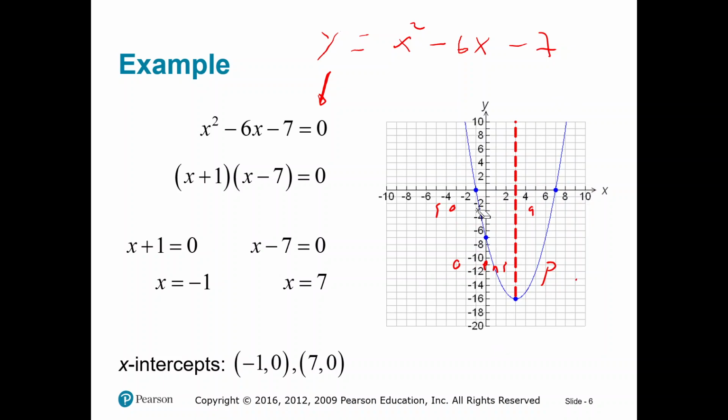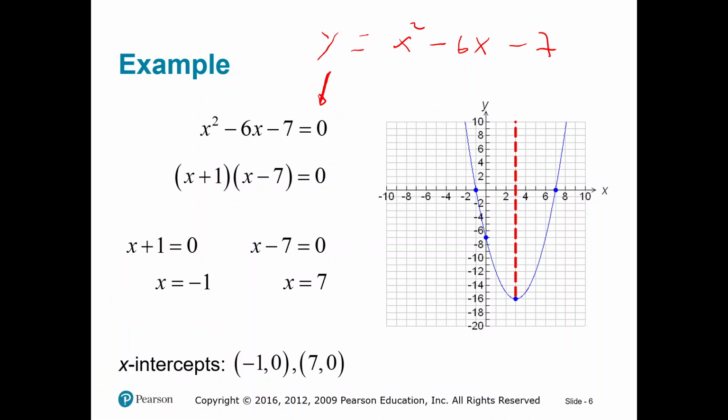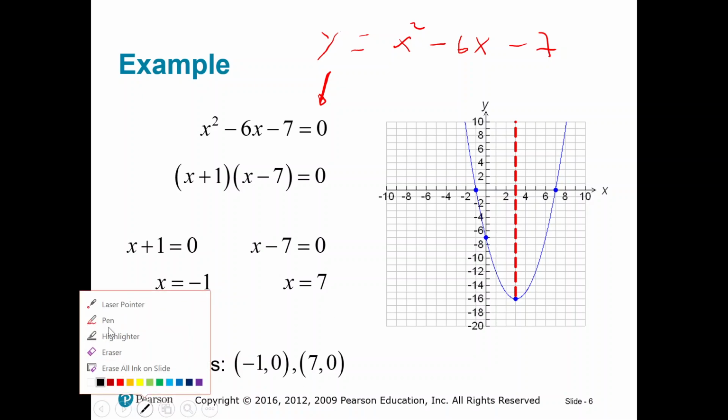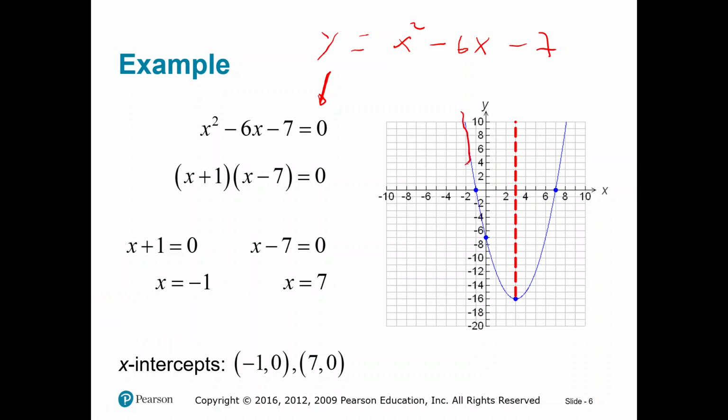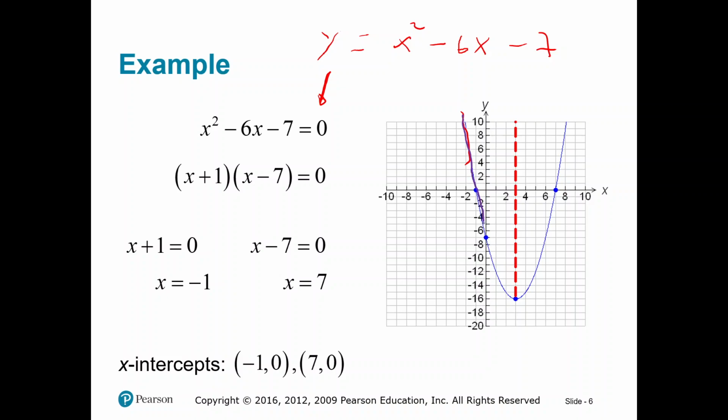And so here we have the graph, looks like a U shape. The point here is the vertex, 3, negative 16.